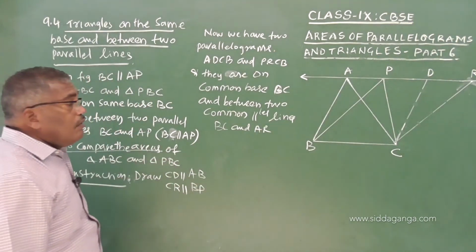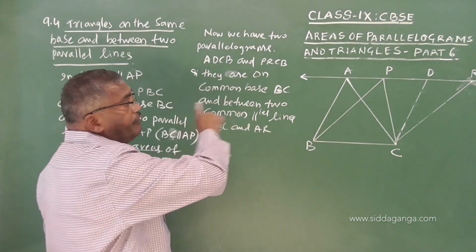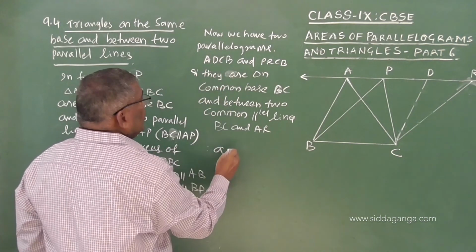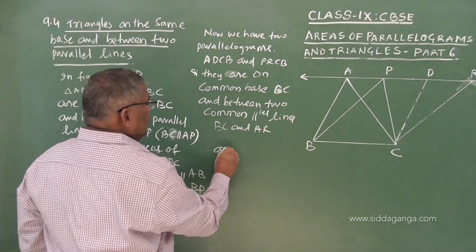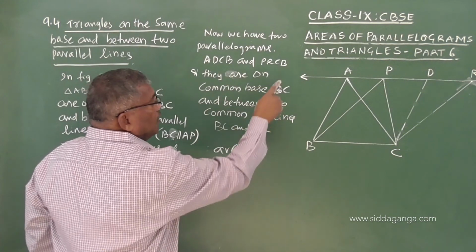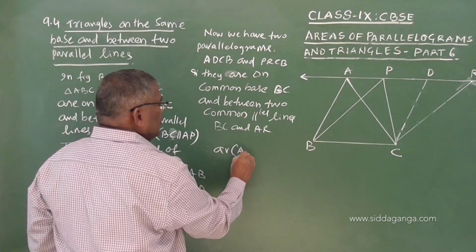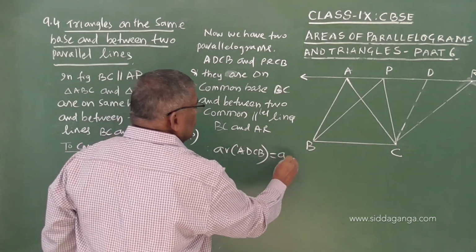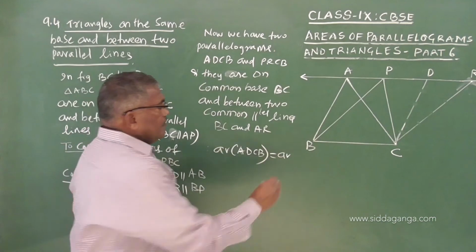So two parallelograms, we are aware that if they are on a common base and between two parallel lines, therefore area ADCB equals area PRCB.